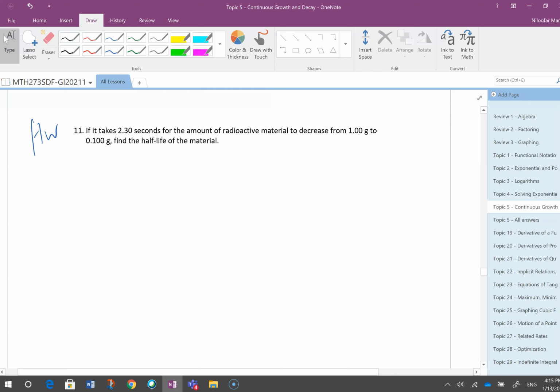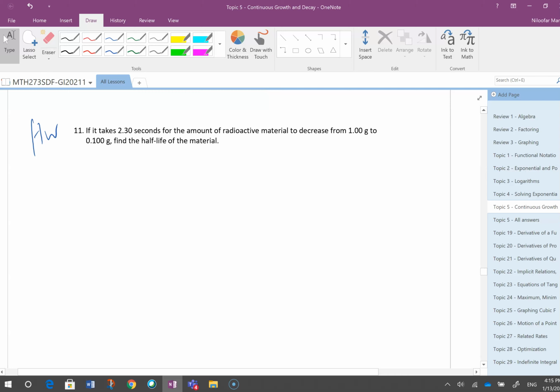Okay? Question 11. If it takes 2.30 seconds for the amount of radioactive material to decrease from 1 gram to 0.100 gram, find the half-life. Do I need e power or 2 power? I need 2 power. Positive or negative? Negative, half-life.